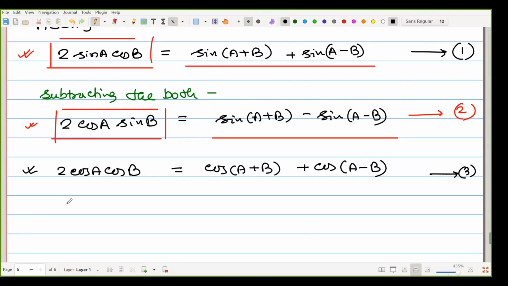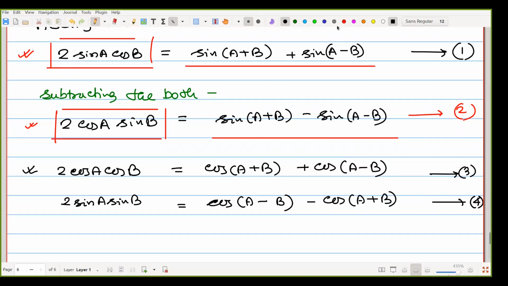Equation number 3. 2 sin A sin B can be written as cos(A−B) minus cos(A+B). Equation number 4. Look at the last one.